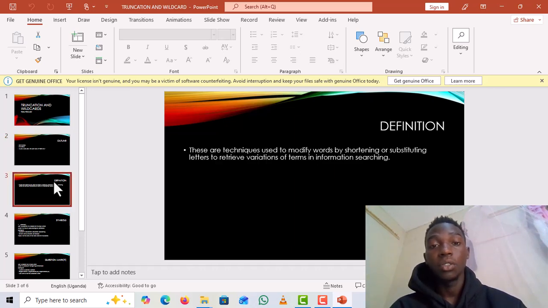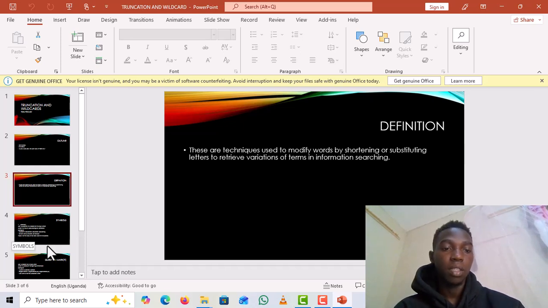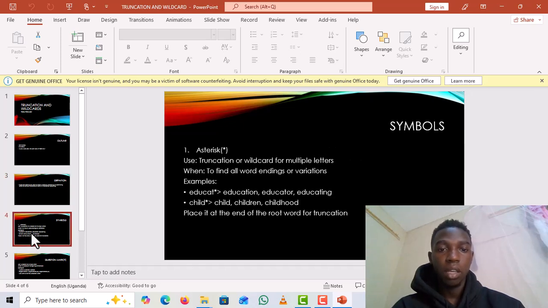These are techniques used to modify words by shortening or substituting letters, for retrieving variations of terms in information searching. For example, you can substitute a letter with a question mark, or you can substitute some letters with a hash. So let me give you some of those symbols which are used.